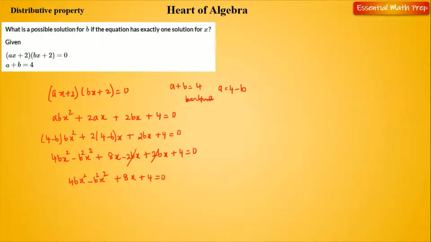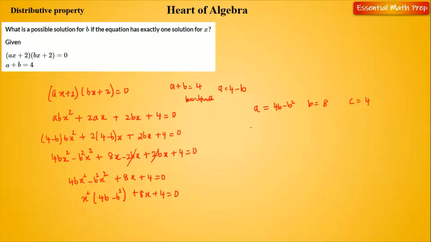Now, if you take the x squared out as a common factor, it leaves us with (4b minus b squared)x squared plus 8x plus 4. Now this looks like a quadratic equation where a equals 4b minus b squared, b equals 8, and c equals 4.